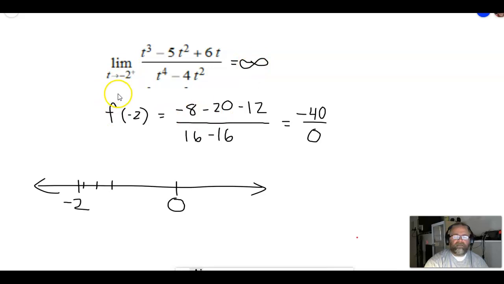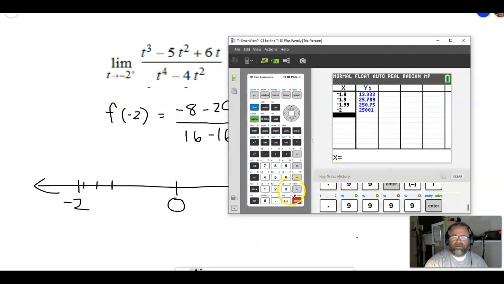Now let's say it asked us from the left-hand side as well. Let's do that one even though it didn't ask. I could start with something on the left side, like -2.2. Notice it's below the x-axis here. And then -2.1. And -2.01.